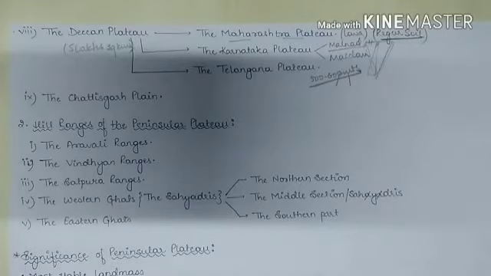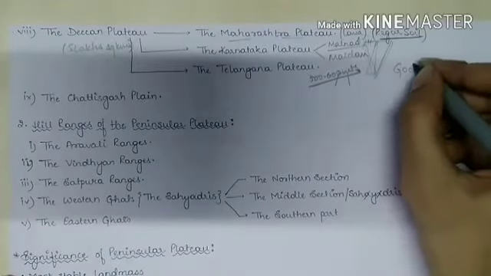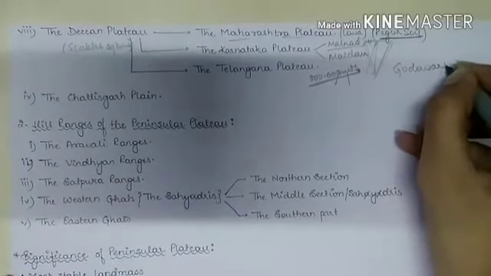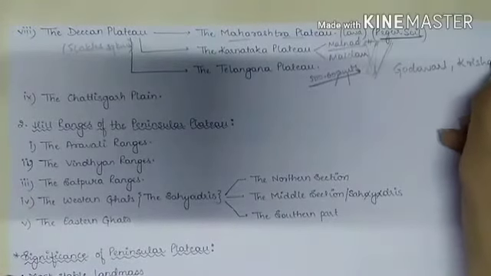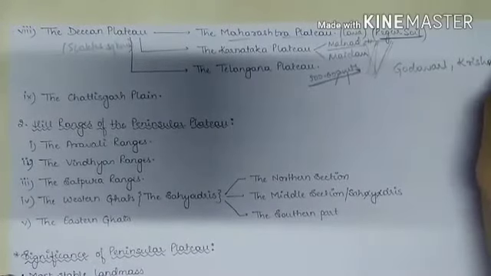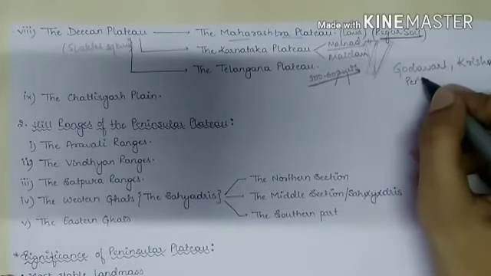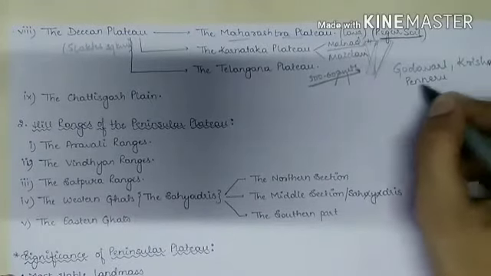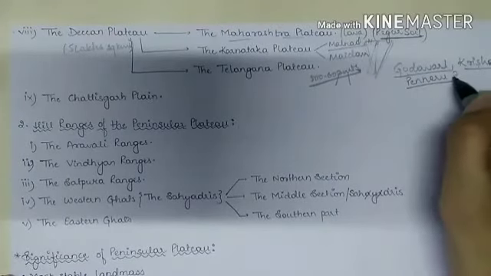This region is drained by three major river systems: the Godavari, Krishna, and Penneru rivers.